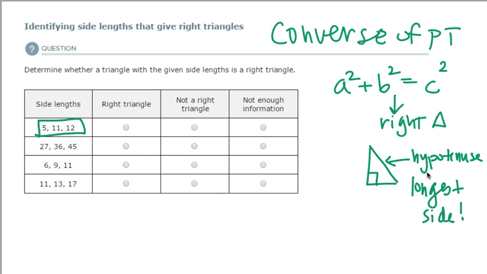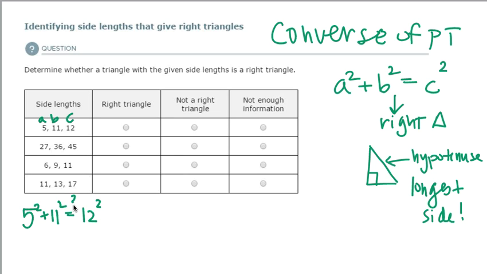So the hypotenuse is the longest side. So when you're looking at this, if my hypotenuse is the longest side, that's my C. So there are my A, B, and C. So all I'm going to do is just substitute A squared plus B squared equals C squared.